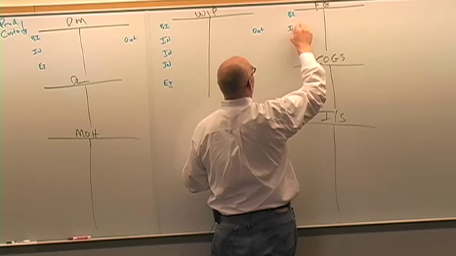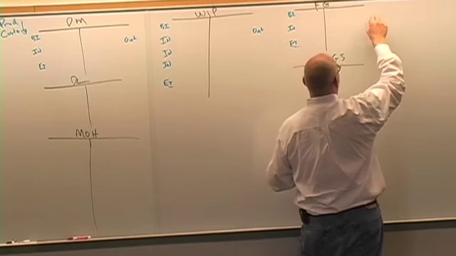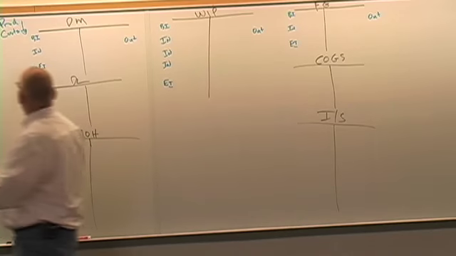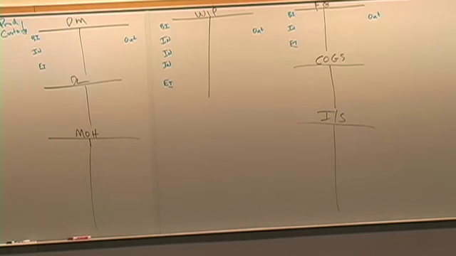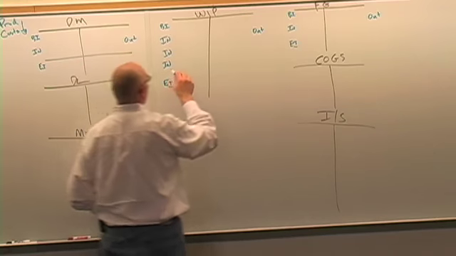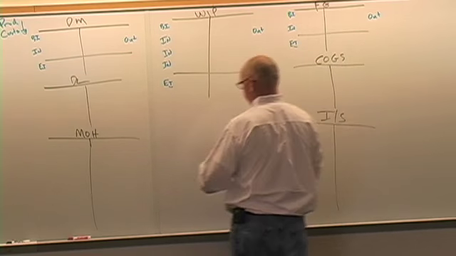Beginning inventory, in, ending inventory, out. Okay? That is basically where we're going to wind up placing a number in each one of those.